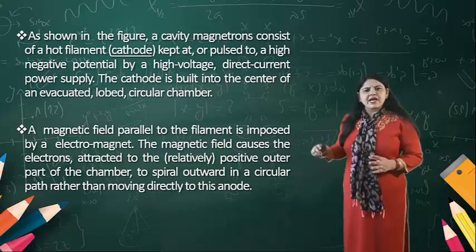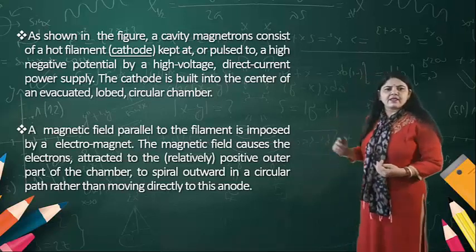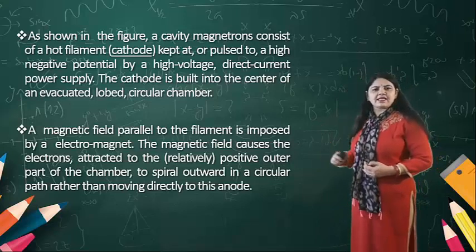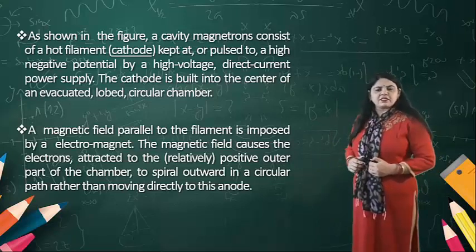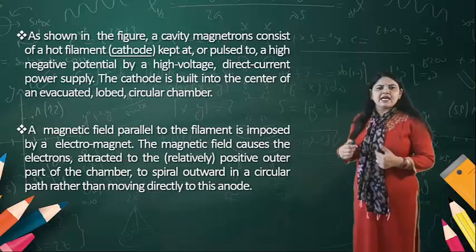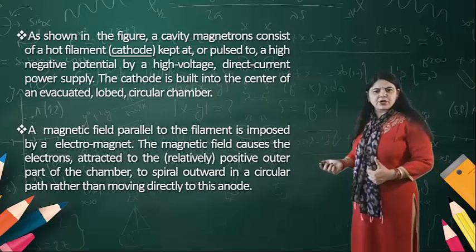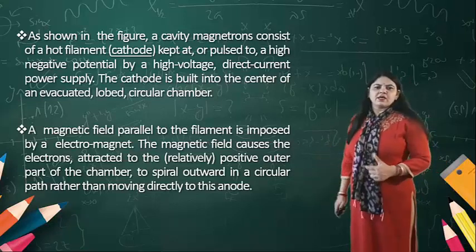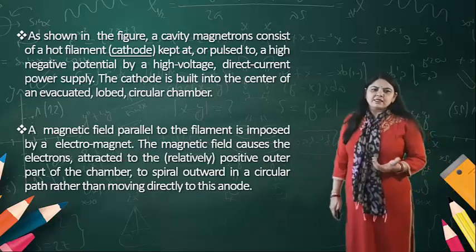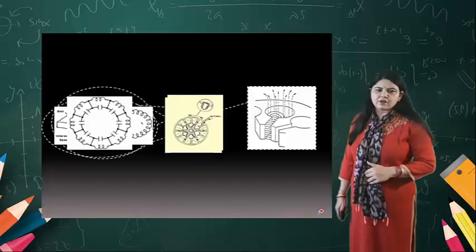The magnetic field is parallel to the filament and is imposed by an electromagnet. The magnetic field causes the electrons, attracted to the positive outer part of the chamber, to spiral outward in a circular path rather than moving directly to the center.